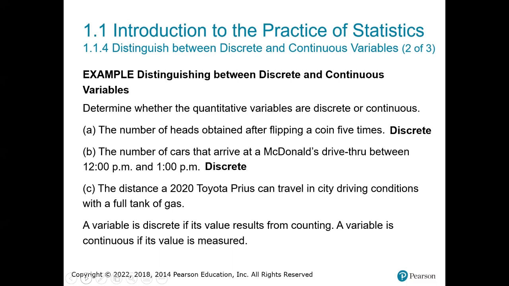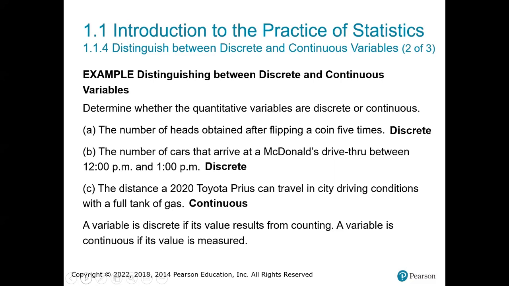All right, next one, the distance a 2020 Toyota Prius can travel in city driving conditions with a full tank of gas. This is going to be something that's calculated, because you're going to run a whole bunch of different tests and be able to average, and maybe I want whole miles, or I could have 1 decimal place of miles.